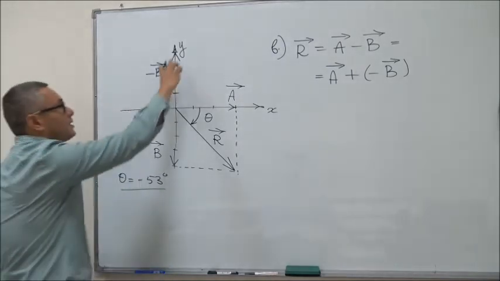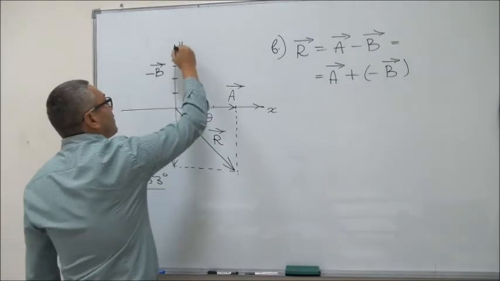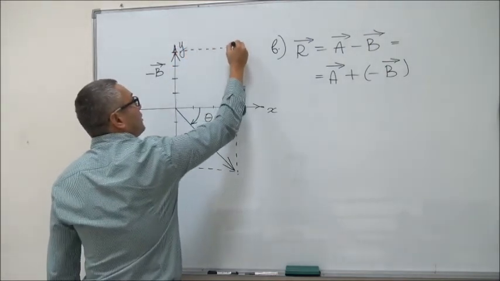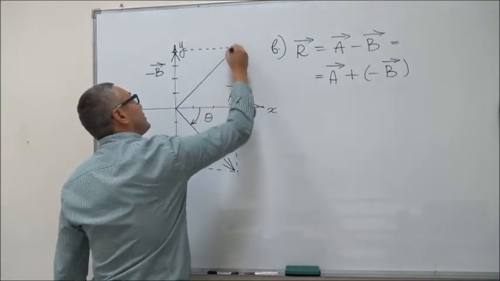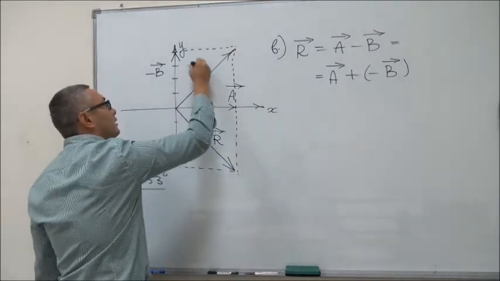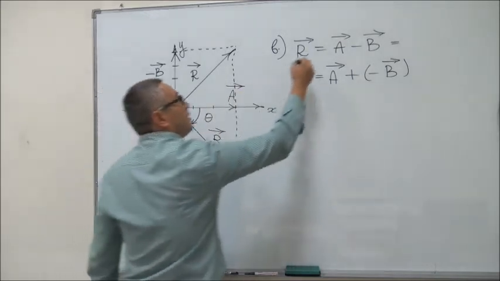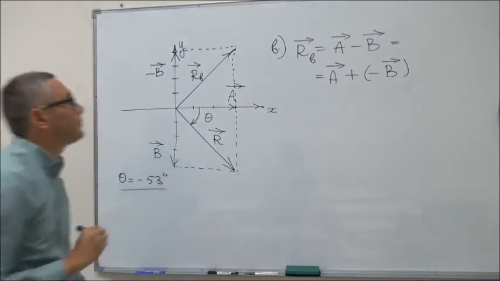Now, once you have this vector and this vector, again you can follow the standard parallelogram addition. So here it is, and this is your R vector. Well, let's put a subscript here, R_b, to specify that this is for part B.